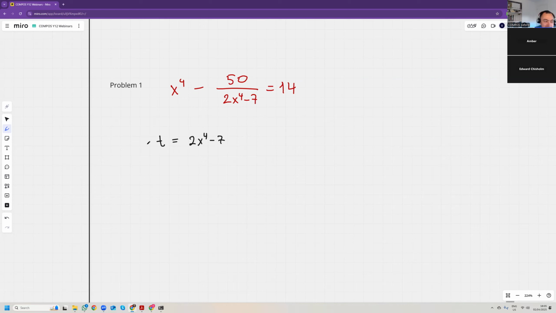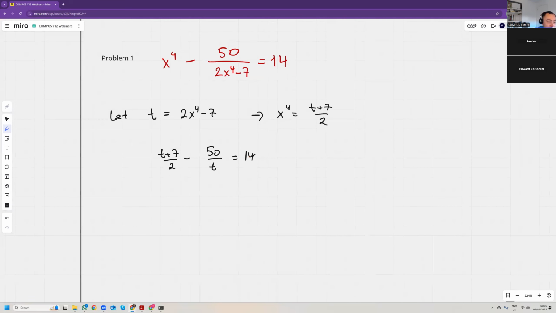Then I can express x to the power 4 equals (t plus 7) over 2, and I sub that in. So (t plus 7) over 2 minus 50 over t equals 14.